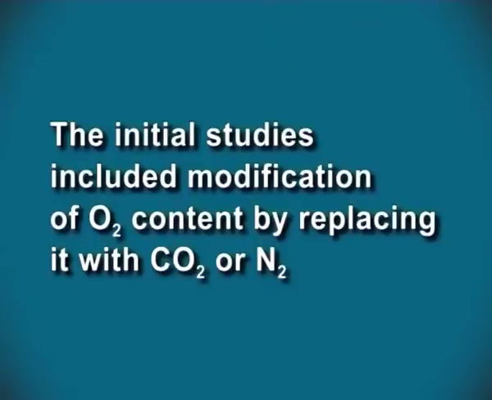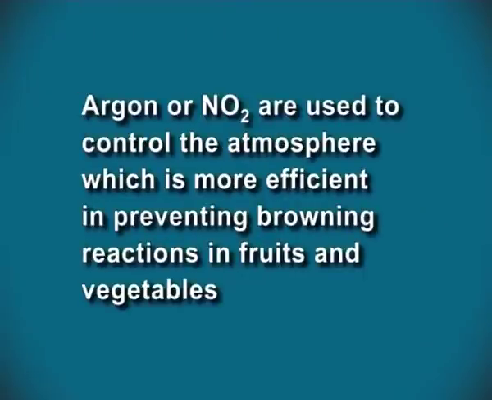The initial studies included modification of oxygen content by replacing it with carbon dioxide or nitrogen. Now, argon or NO2 are used to control the atmosphere, which is more efficient in preventing the browning reaction in fruits and vegetables.